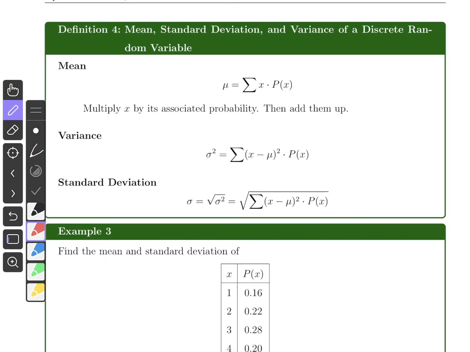All right, so another definition, and this is mean, standard deviation, and variance. Again, we've talked about variance a little bit. When we're actually using it, we use the standard deviation instead of the variance. But here are the formulas. What I'm going to do is show you how to do it by hand, and then I'll show you the calculator.